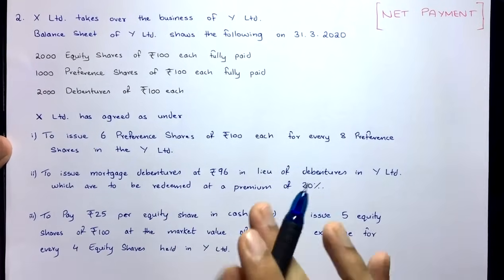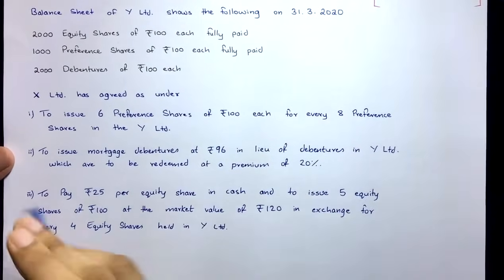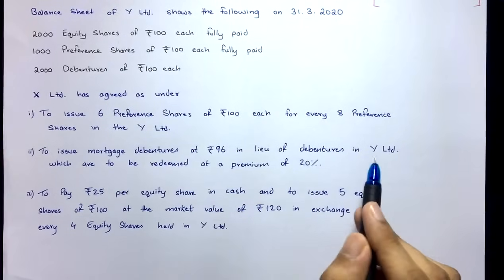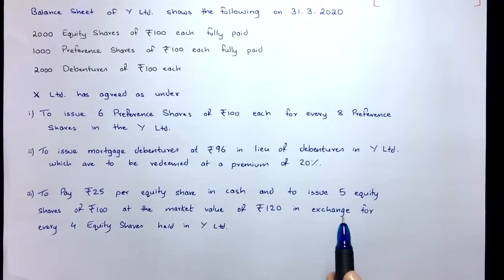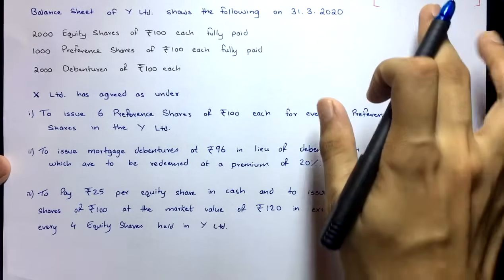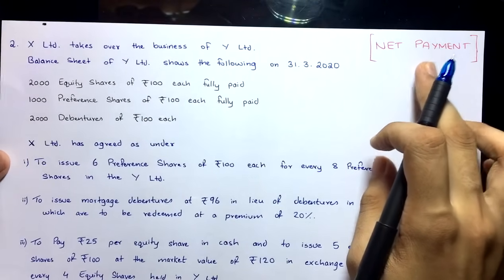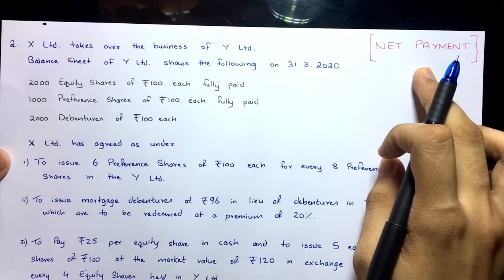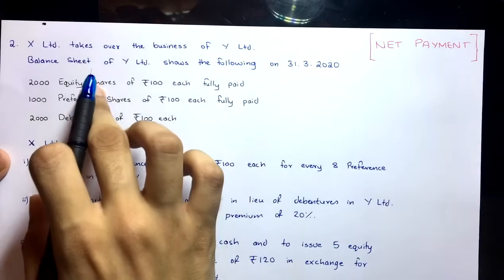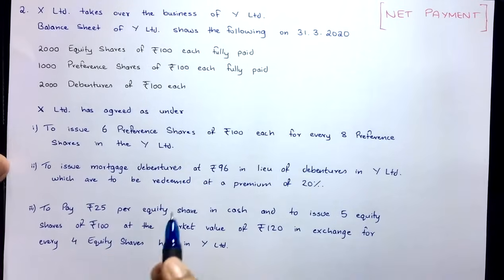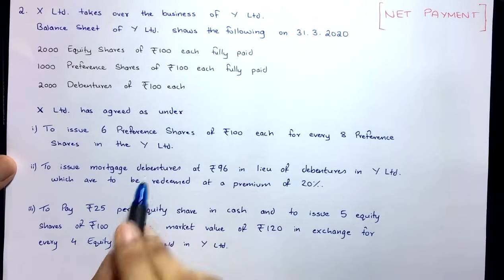It's very simple. Now the second point: to issue mortgage debentures at rupees 96 in lieu of debentures in Y Limited, which are to be redeemed at a premium of 20%. Hold on, in net payment method, what do we do? We take whatever is given to the owners of the company. Who are the owners? The equity shareholders and the preference shareholders. Now here they are talking about something given to debenture holders.